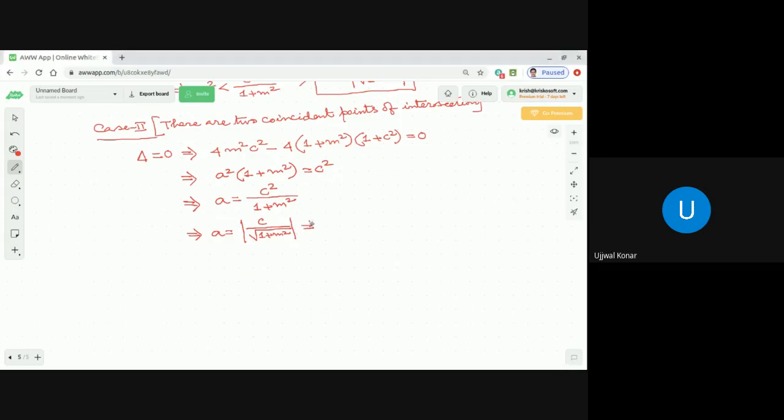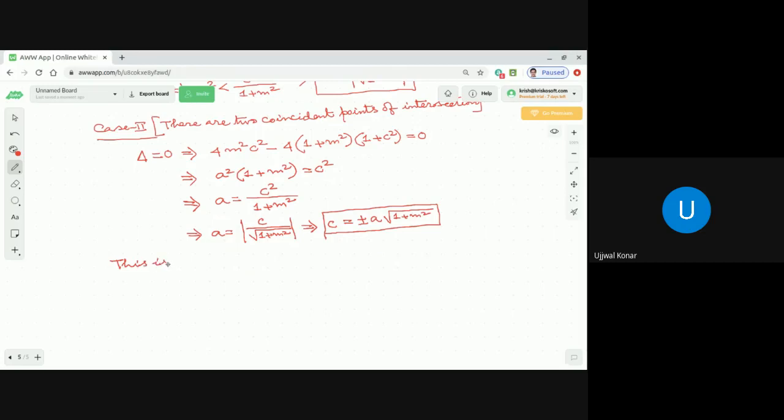So c is equal to plus minus a into square root of (1 plus m square). So this is the required condition of tangency, that means when the straight line is a tangent to the circle. Correct, dear students? And also we can find the equations of the tangents. You'll find there are two equations. The equation of the tangents is y equal to mx plus c.